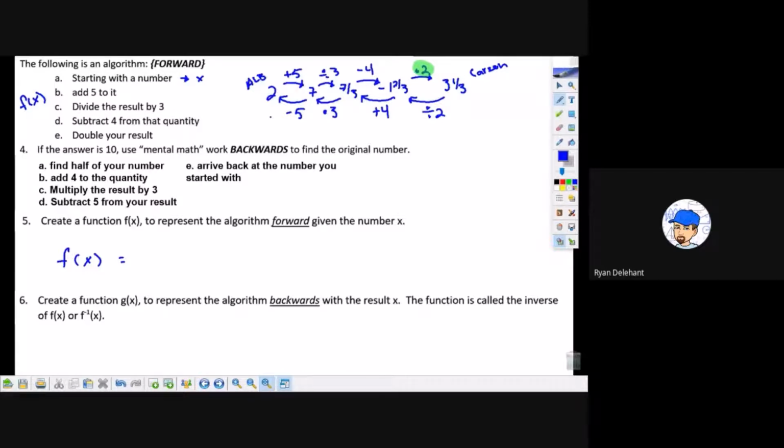That's what x means. When we write x on our paper, we're saying pick a number, any number. The first thing we're going to do to that x is add 5. I want to do that first, so I'm going to put it in parentheses, and we're going to clean this up afterwards. What did I do after that for this forward function? I divided the result by 3.